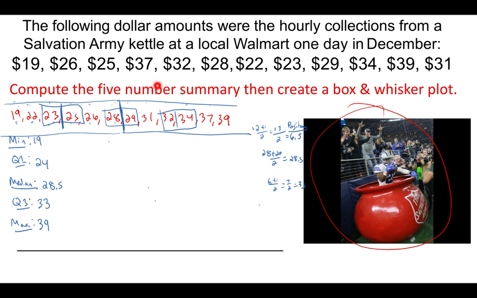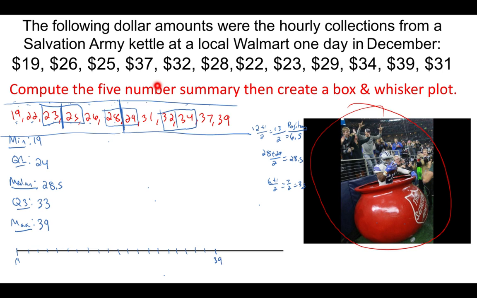All right, and now that we have this, to make a box and whisker plot, there's not really an exact science to it. You're not going to have to draw any of these for our assignment, but basically you start with a number line, and I generally start with the lowest value, which is 19. Then count 21, 22, 23, 24, 25, 26, 29, 30, 31, 32, 33, 34, 36, 37, 38, 39.